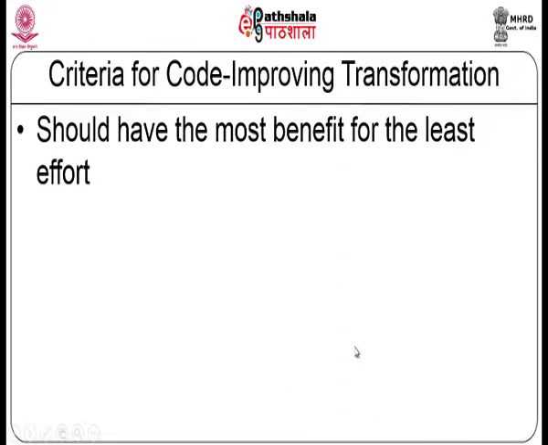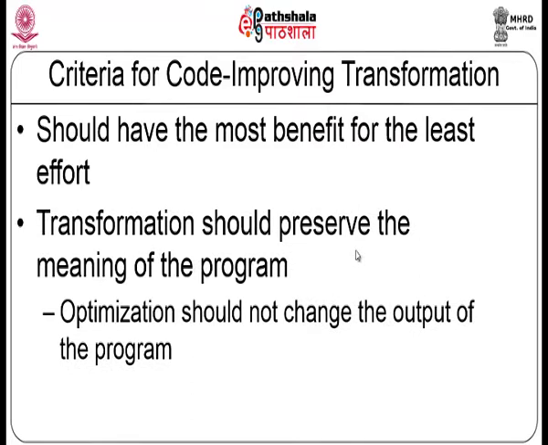Now, the criteria for code improving transformation is that they should have the most benefit for the least effort. So when I try to optimize, I should have the most benefit for the least effort, and the transformation should basically preserve the meaning of the program. So this is the first property of the code optimizing transformation, where the optimization should not change the output of the program.